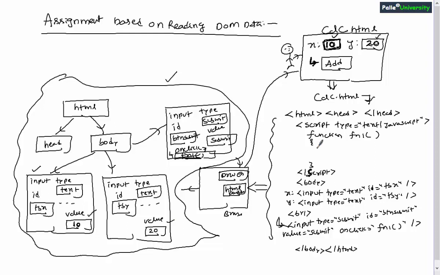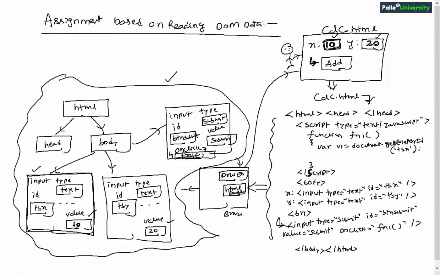Very simple. First we need to get the object reference of this text box, this node. Okay, so how to do this? Very simple. In the JavaScript you must write var v1 is equals to document.getElementById. The parameter is tbx. You have to pass tbx as input into the getElementById function.